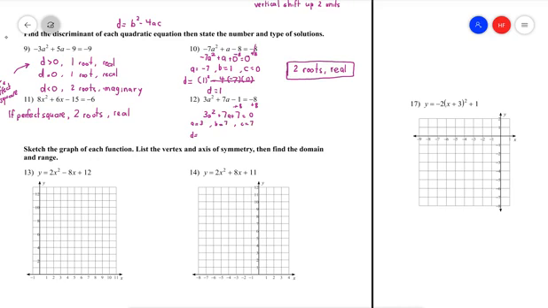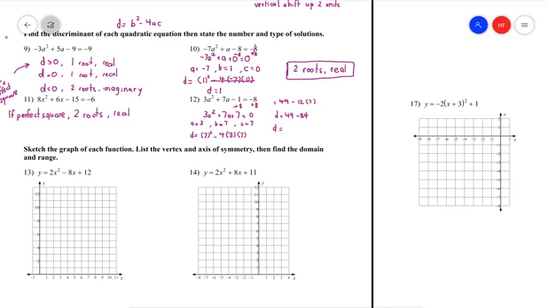So D equals b squared, 7 squared, minus 4 times a times c. So 7 squared is 49. 49 minus 12 times 7. 49 minus 12 times 7, I believe, is 84. I could be wrong.